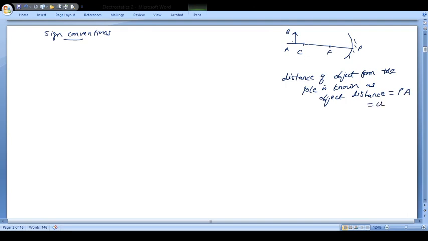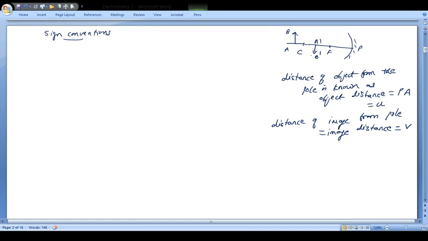Now see, we know that if I have an object beyond C, then the image is formed between F and C. So let us suppose this is A dash, B dash. Again, what can you define? Distance of image from pole is known as image distance, and this is given by letter V. V is known as image distance.